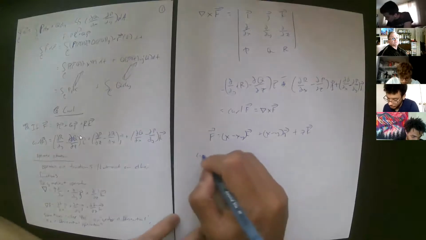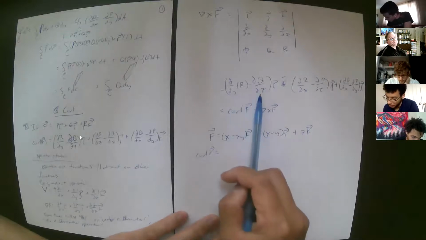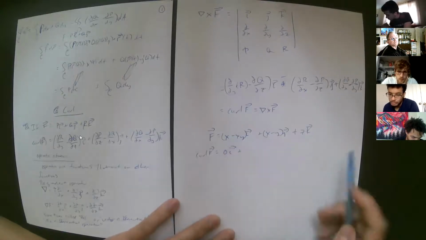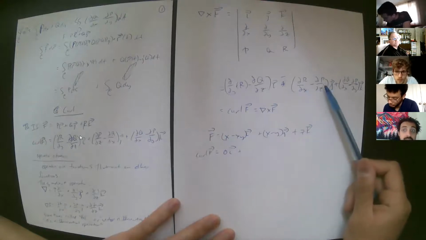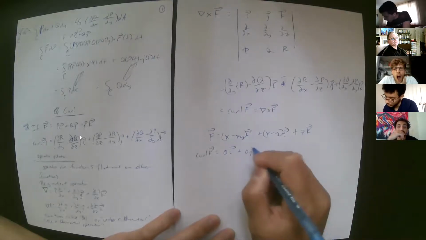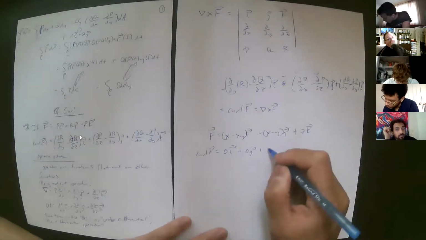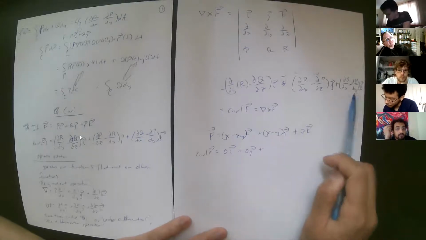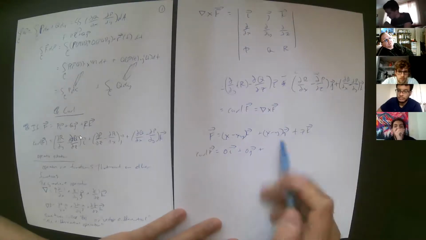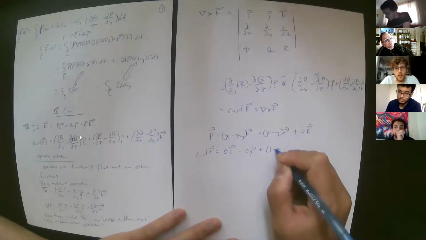So the curl of F is dR/dy minus dQ/dz, this is 0, i, plus dR/dx minus dP/dz, 0, 0, 0, j, plus dQ/dx minus dP/dy. dQ/dx is 1 minus dP/dy, which is x, minus x.